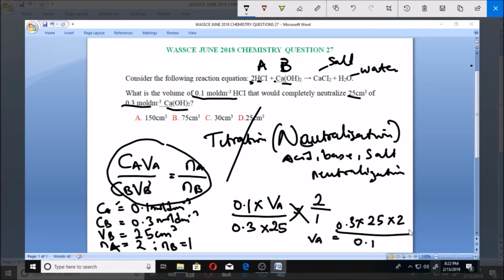So if we multiply out, we have 15 all over 0.1, which is equal to 150 cm³. So the answer is 150 cm³, which is option A. Once you multiply 0.3 times 25 times 2 all over 0.1, you get 150 cm³, and that is the answer.